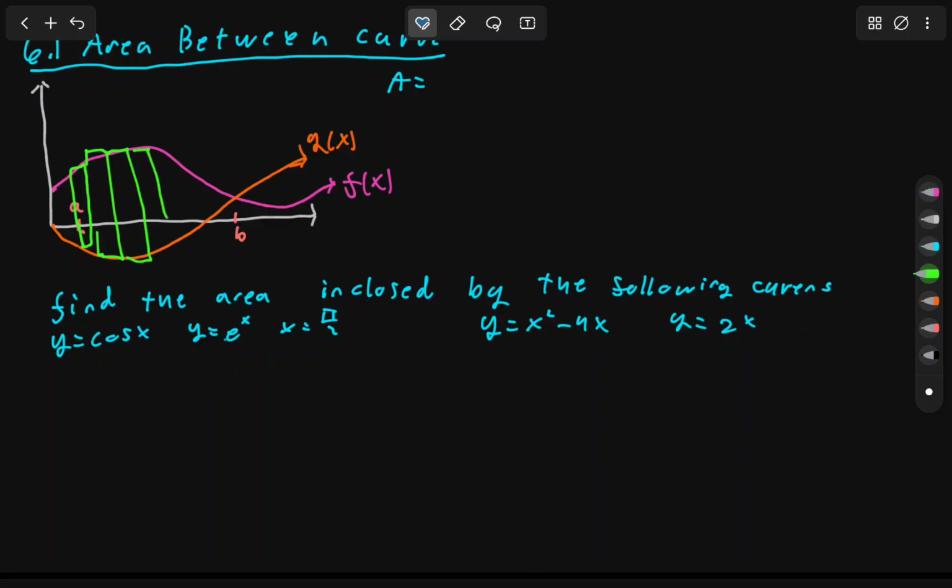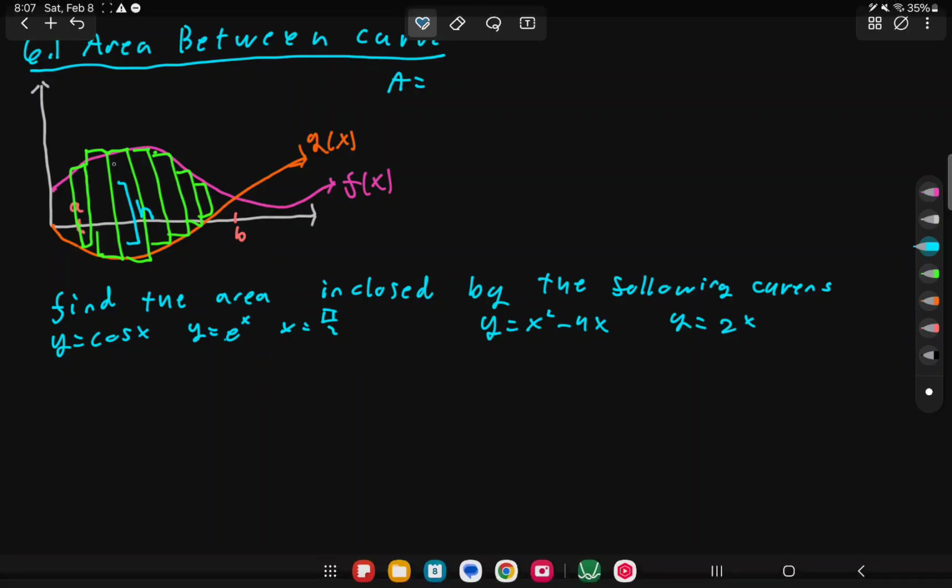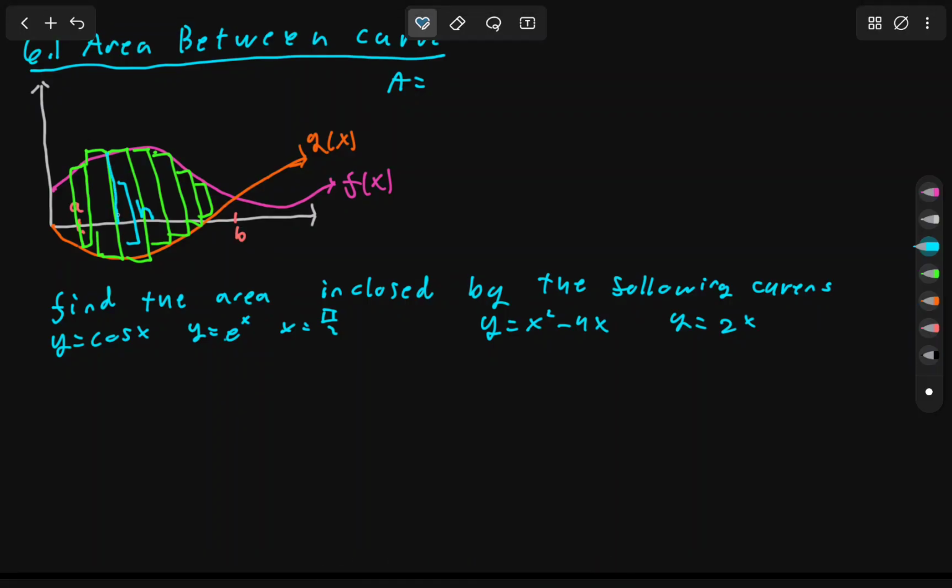Let's take a moment and ask ourselves, what is going to be the true height of these rectangles? What's going to be this h value here? Well, we know that each of these rectangles have a height of g of x, but they also have a bit more added on by f of x.